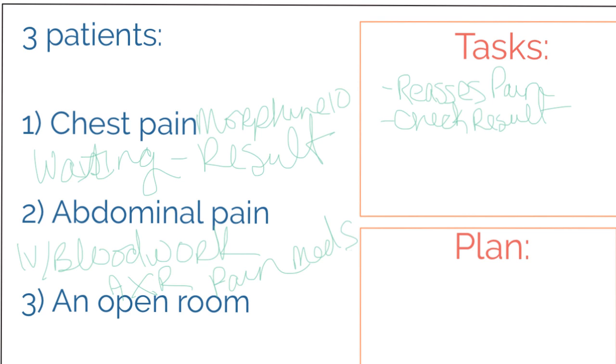We will need to see if there's an order in for that or not. So under tasks, I'm going to write IV blood work, and then x-rays. You're going to need to get some abdominal x-rays done, and then pain meds.